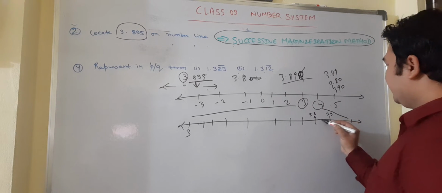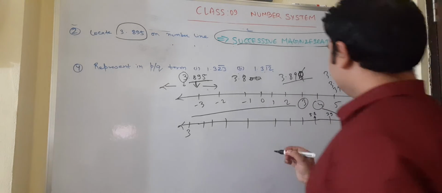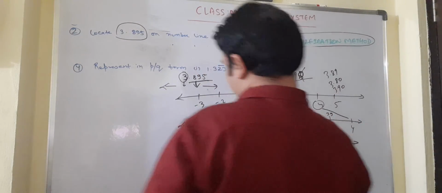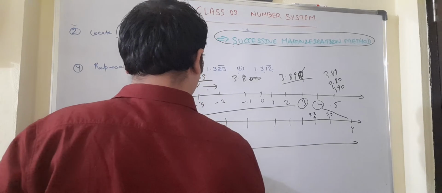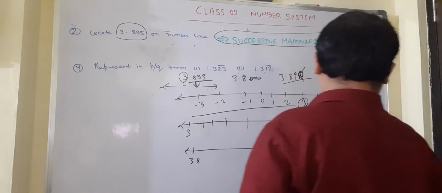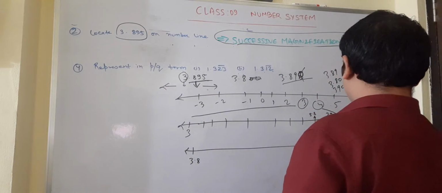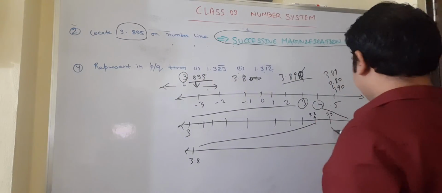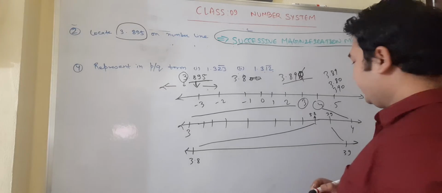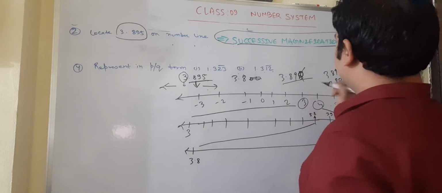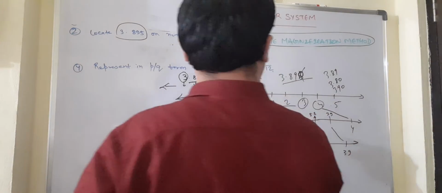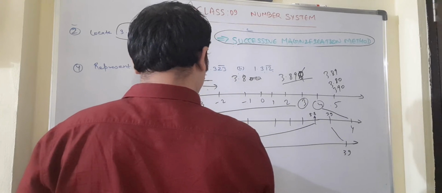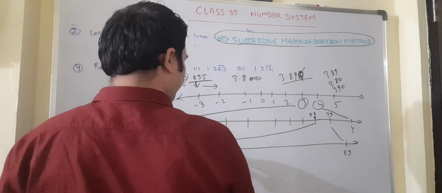3.89 is between this, so magnify this. Next time, at the beginning it will be 3.8 and at the end it will be 3.9. This 3.8 is here and 3.9 is here. Okay. So 3.89, this will be 3.81, 3.82 and so on.